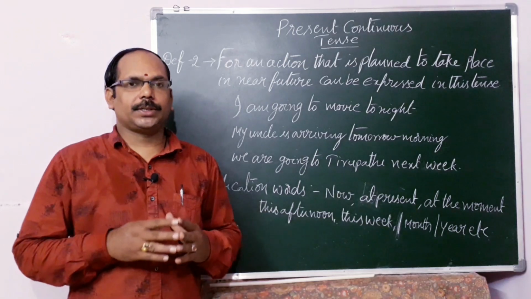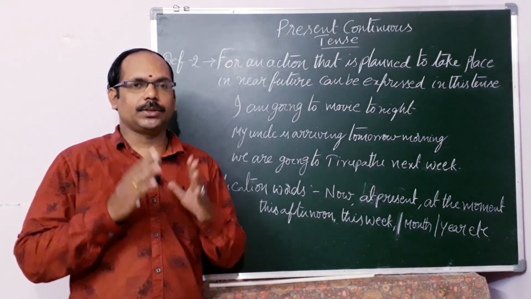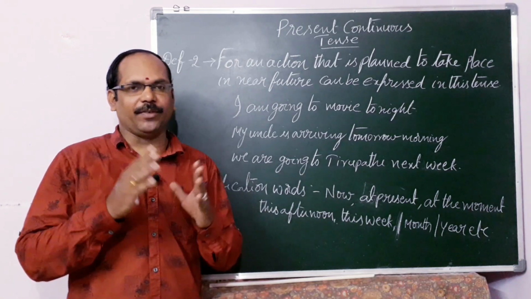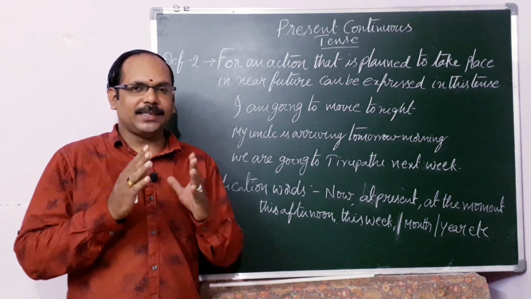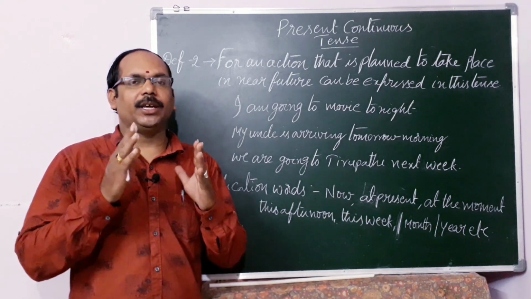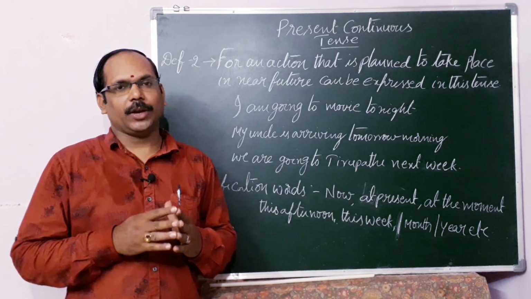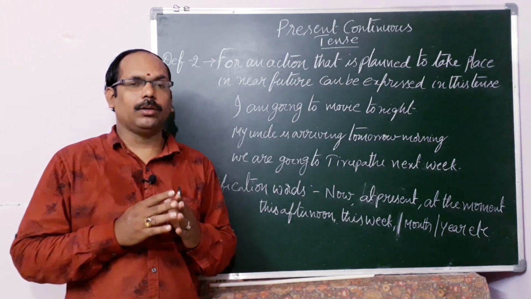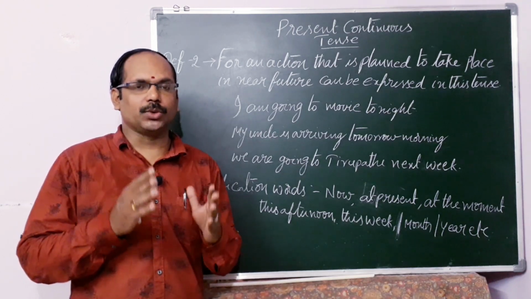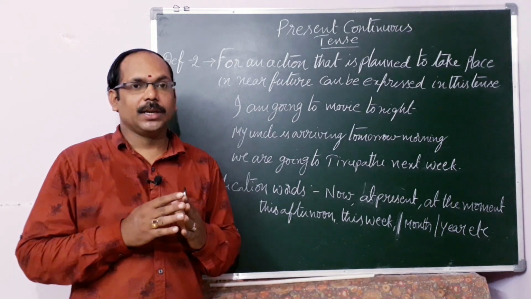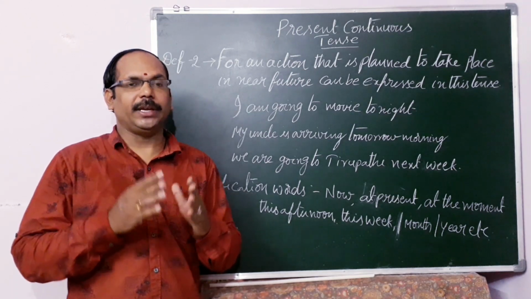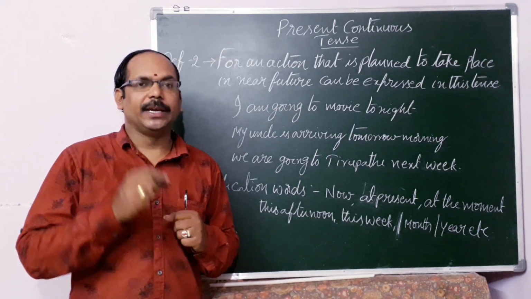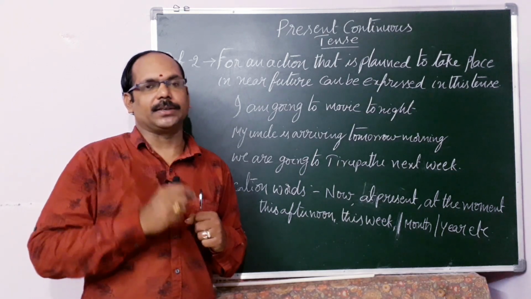My dear students, now I have explained the first definition. Now the second definition: this tense is also used for the near future. Actually, future events are expressed in future tense only, but some near future incidents can be expressed in present continuous tense.